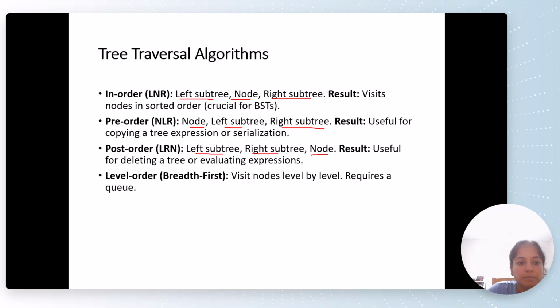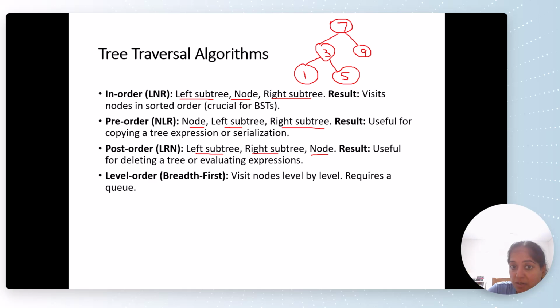For example, let us say we are having a binary search tree like this. It's 1, 3, 5, 7, 9.